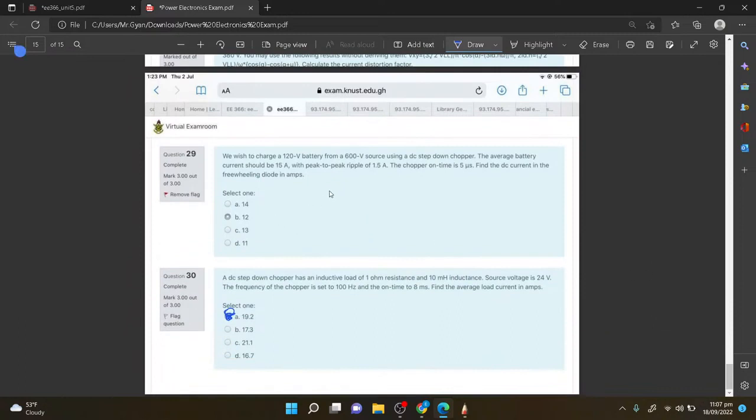Why didn't I see this question when I was solving the battery question? Okay, so here we got B to be 15.75, A to be 14.25. They said find the diode current. You know that the diode current is A plus B over 2 times 1 minus D, right?